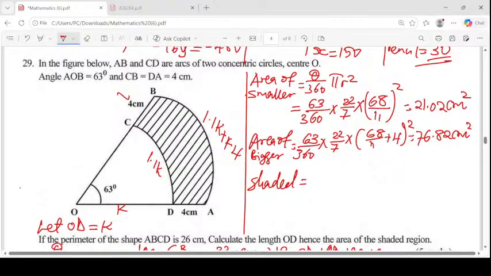Now the area of the shaded part, we take the bigger area, which is 76.82, we minus 21.02. What do we get here? 76.82 minus 21.02. This is 55.8.